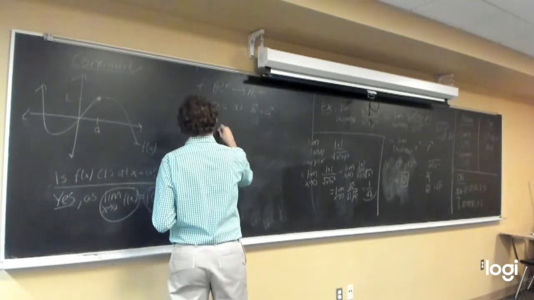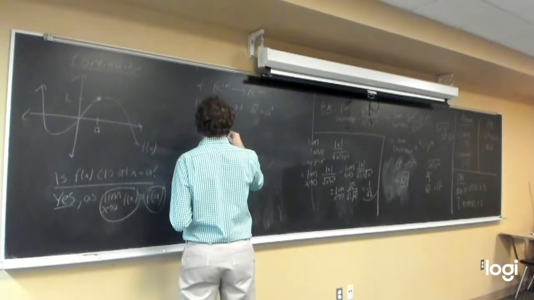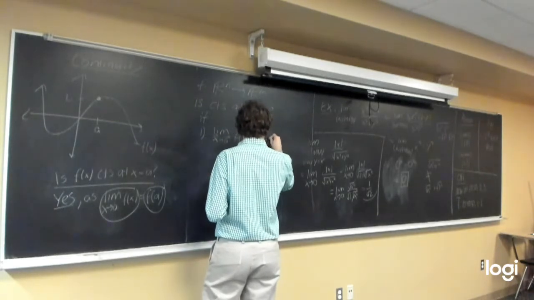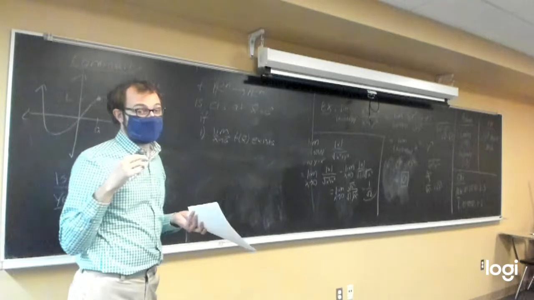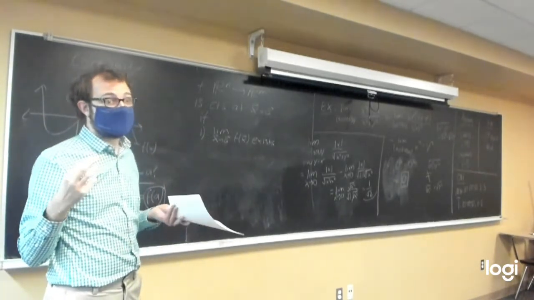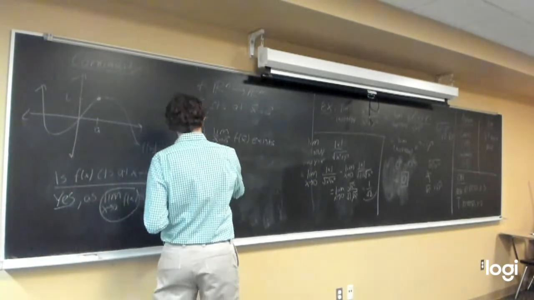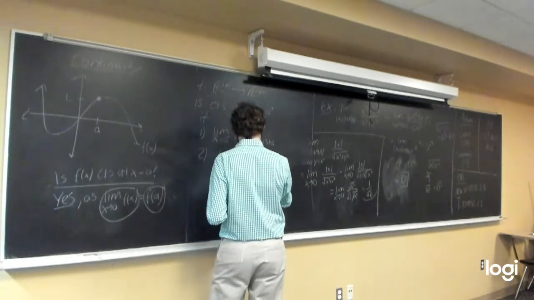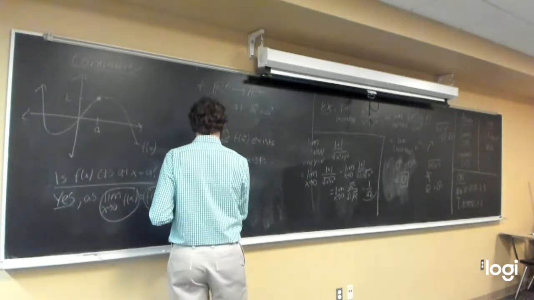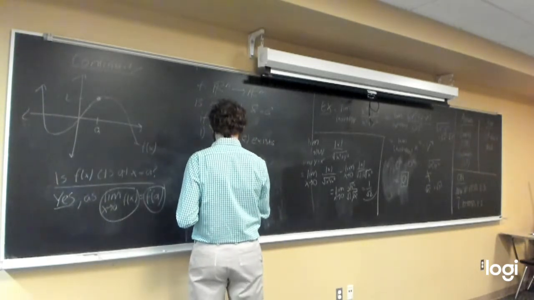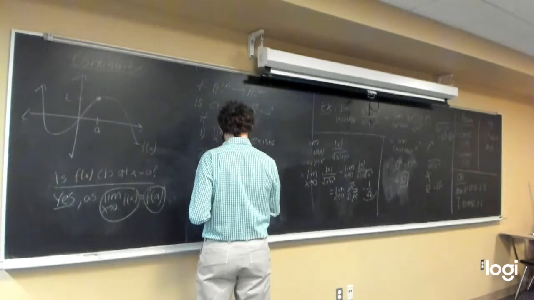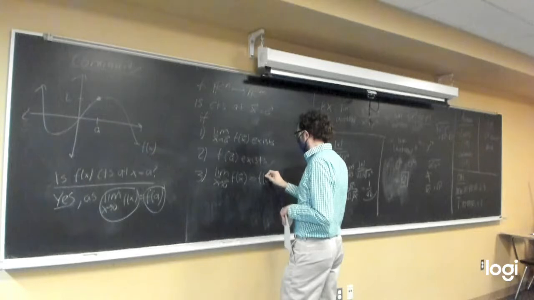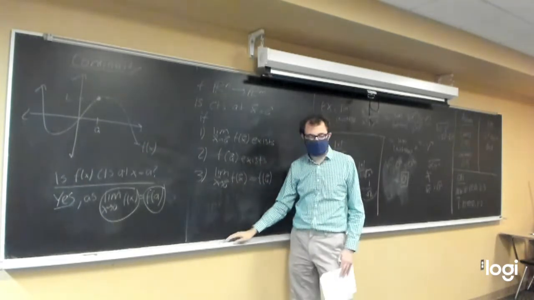First of all, the limit as x approaches a of our function exists, meaning the limit as vector x gets really close to vector a has to exist. Second, you need that f of a exists. And third, they have to be equal. That the limit as x approaches a of your function f of x has to be equal to f of a itself.